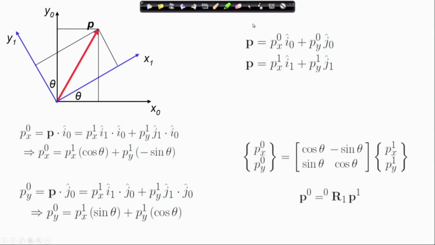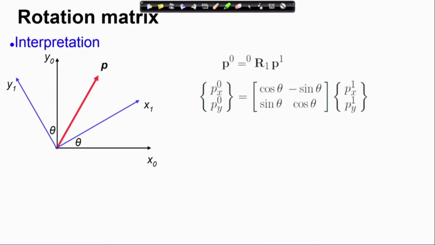So, just to show this thing formally, now we interpret this rotation matrix. If you look at column 1 of the rotation matrix, you can very easily see it is the representation of the vector x 1, or the axis x 1, in x 0 y 0.